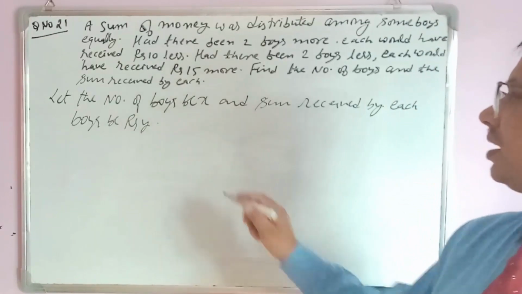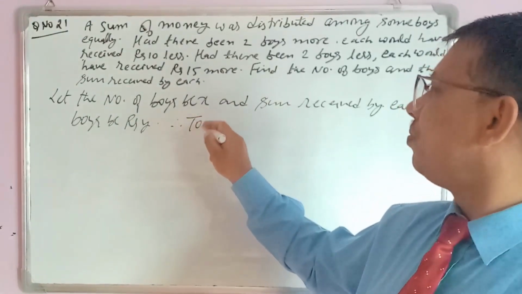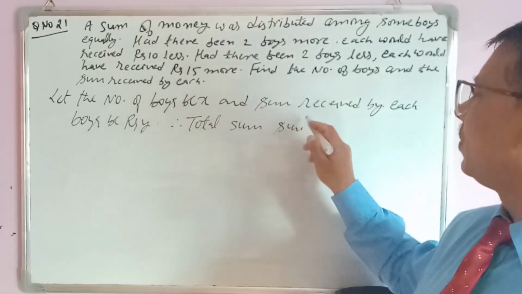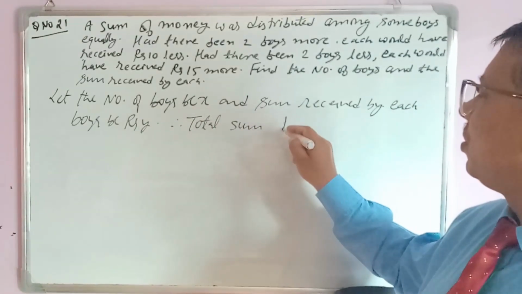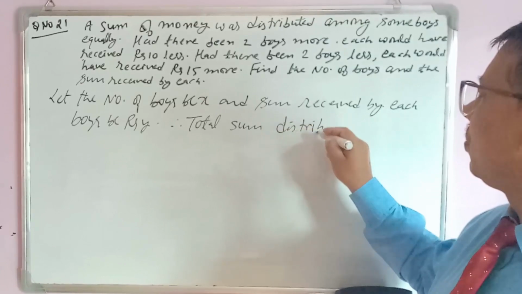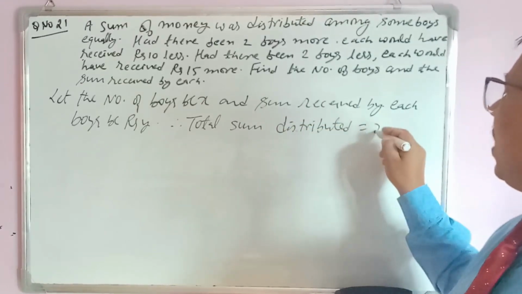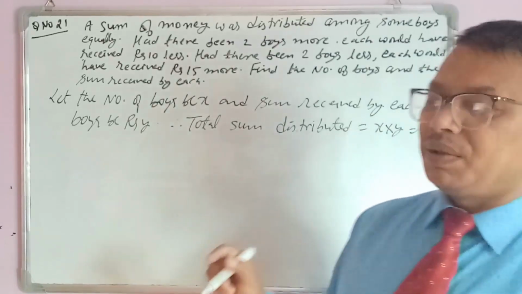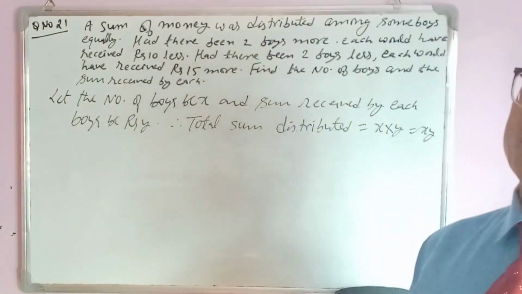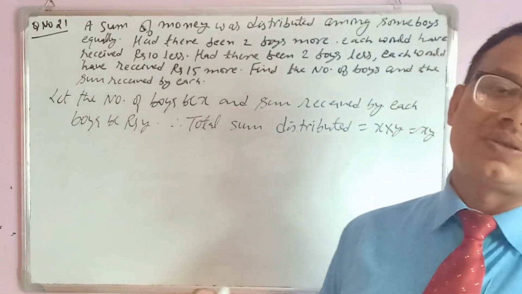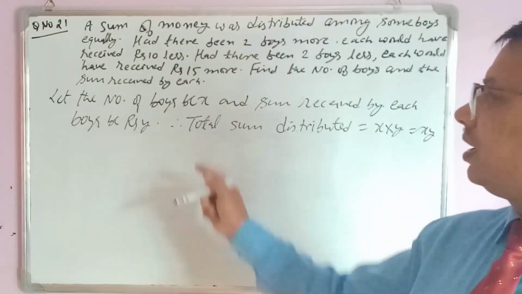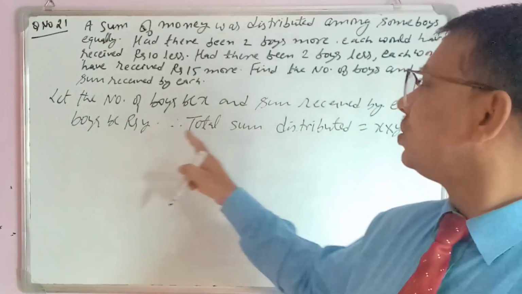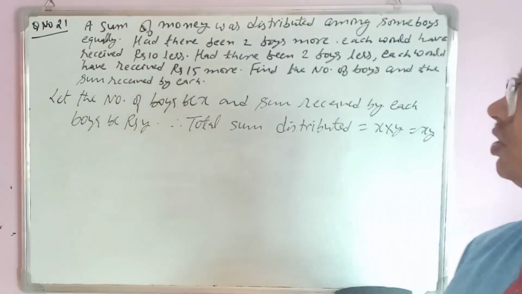Then the total sum distributed equals x into y, that is xy. Means if there are 10 boys and each boy gets 20 rupees, then the total sum needed is 10 into 20, 200. Similarly here, the total number of boys is x and each boy will get rupees y, so the total sum distributed equals x into y.